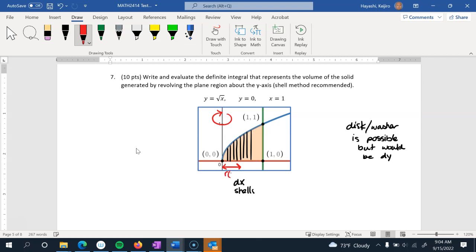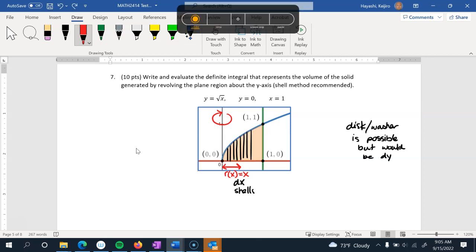But you would at least have to remember that the radius for the shell method is, at the very least, just x. Because your radius starts out here, and your radius increases as x increases. It only makes sense the radius is literally x, as x goes from 0 to 1.